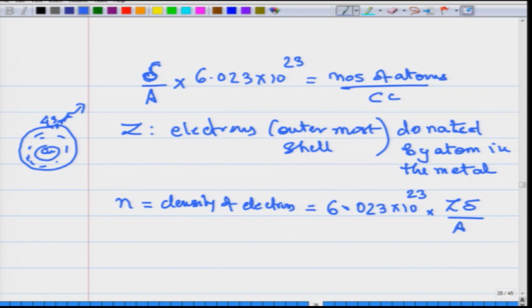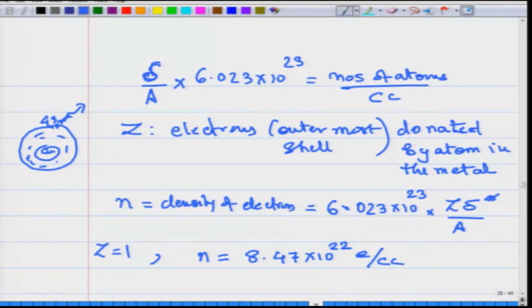Copper, for example, donates 1 electron, so Z is equal to 1 for copper, and if you put the density of copper in this expression, you will get N, a density of 8.47 into 10 to the power of 22 electrons per cc. So, this many electrons per cc are available in copper metal for conduction.